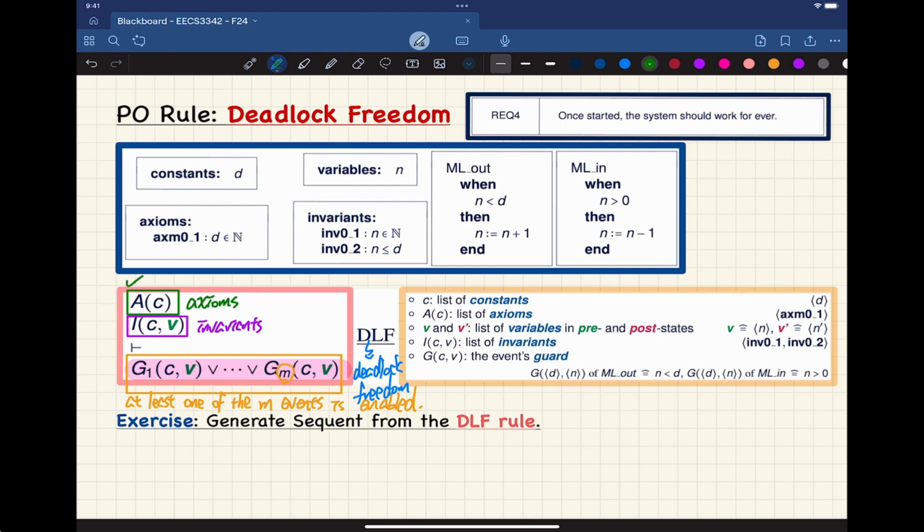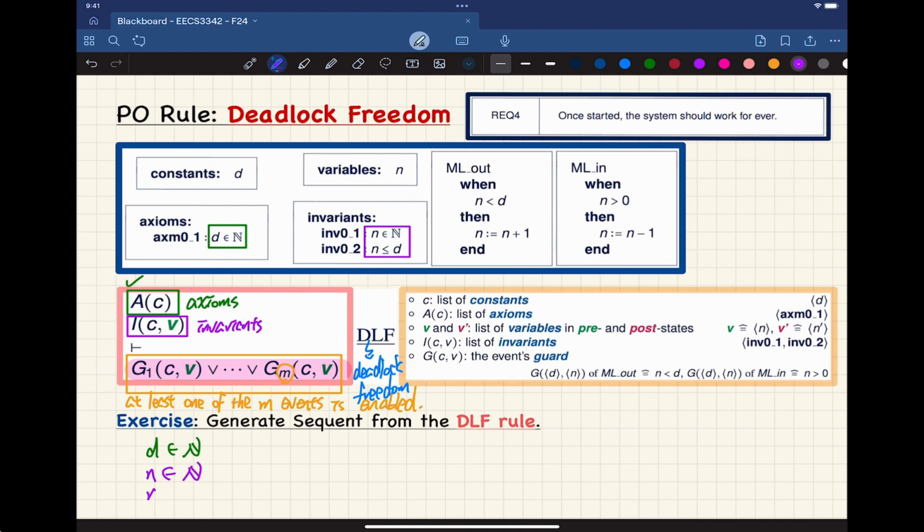We got axiom, which will be this guy here. It will be D is a member of natural number. And also we got invariants. We got all of them. This one here. Okay, we got N is a natural number.